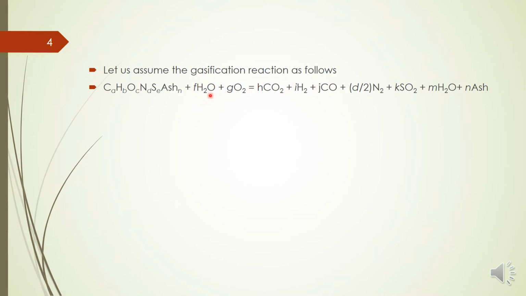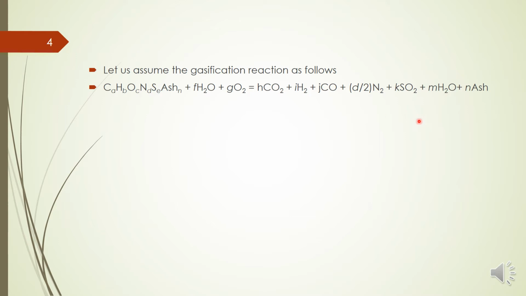So we have F moles of steam plus G moles of oxygen, and our products in gasification, not like combustion, will be carbon dioxide as well as carbon monoxide, hydrogen will be there, then inert nitrogen will be present, sulfur dioxide, and water vapor and ash.